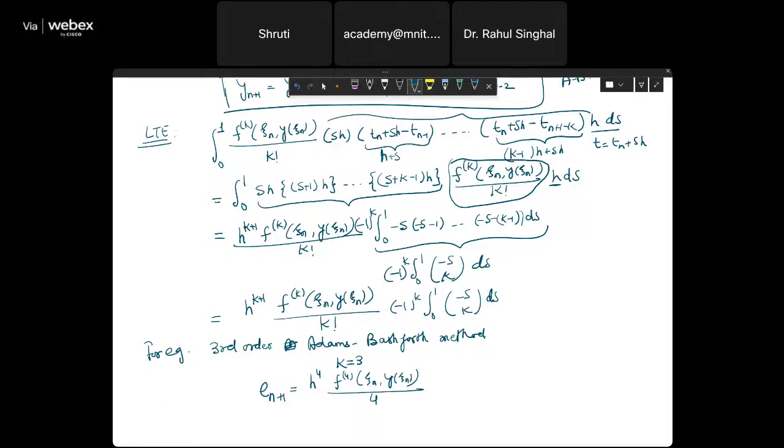This factorial is going to vanish actually. I forgot, I'm sorry, because this factorial we have to take inside, then only this will become the coefficient.